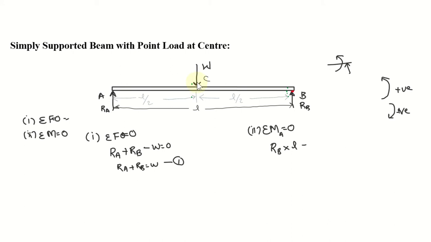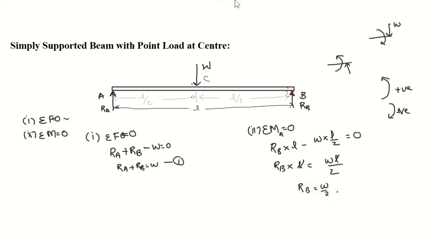W is acting downwards, and W multiplied by the distance up to A, L by 2, is negative, because that is a clockwise moment. So the sum of moments is 0, that is RB into L minus WL by 2 equals 0. So RB into L is equal to WL by 2. L cancels, and the RB value is W by 2.